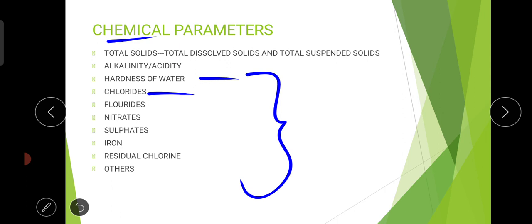Even in the construction process we will have improper setting. Chloride also leads to acidic character. So these are the disadvantages if more chlorides are present in the water.